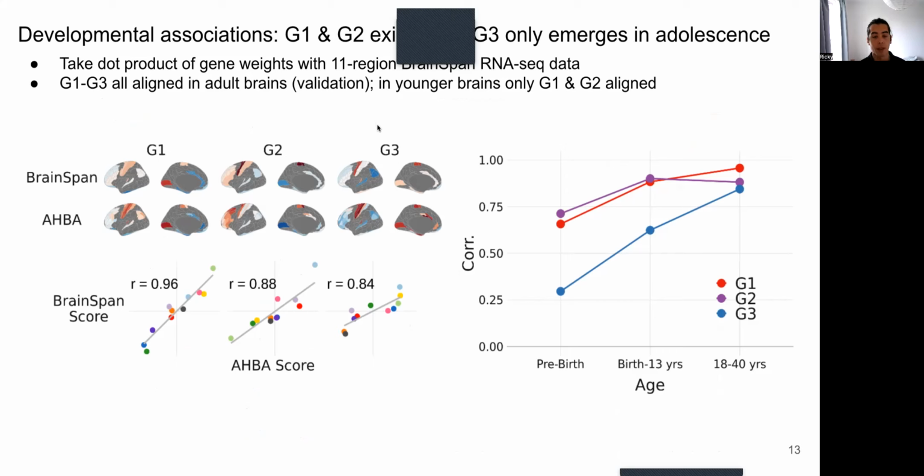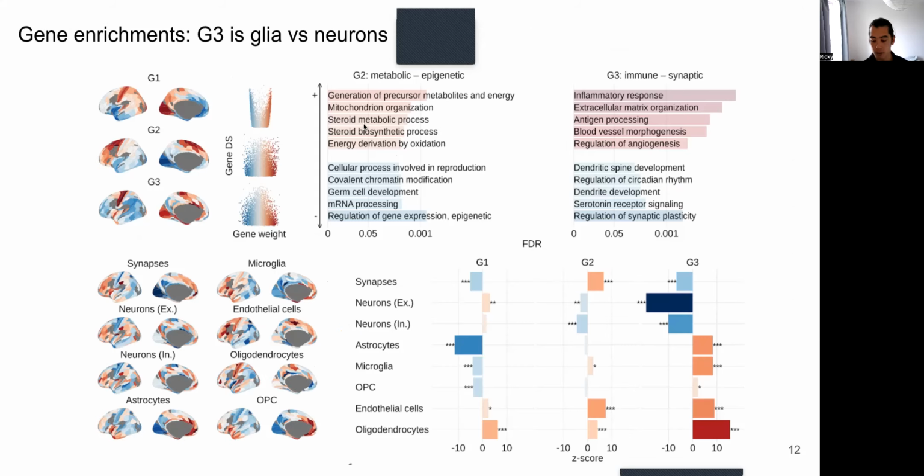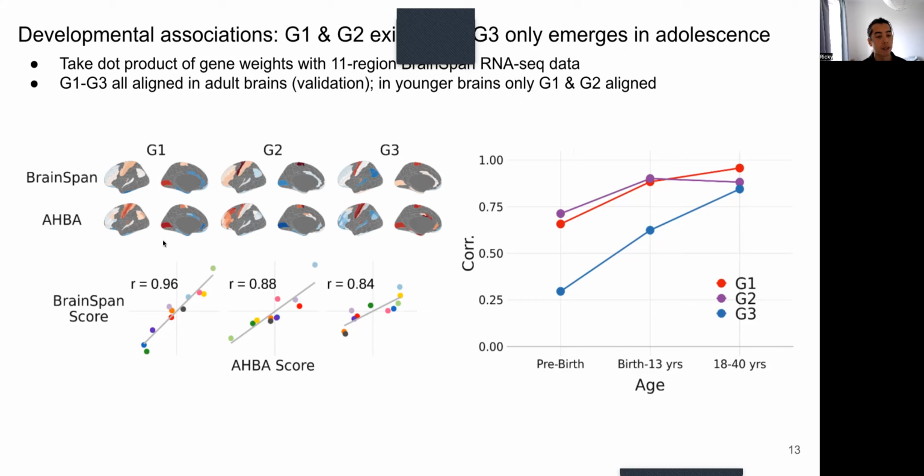Then we can look at whether the pattern of gene expression in those 11 regions is similar to the same 11 regions in the original Allen Human Brain Atlas. What we find is that in adult brains above 18 years old, all three gradients are very strongly correlated between these two data sets. That's a kind of validation, not a full validation, but it's great because this data set, BrainSpan, is RNAseq and the original AHBA is microarray.